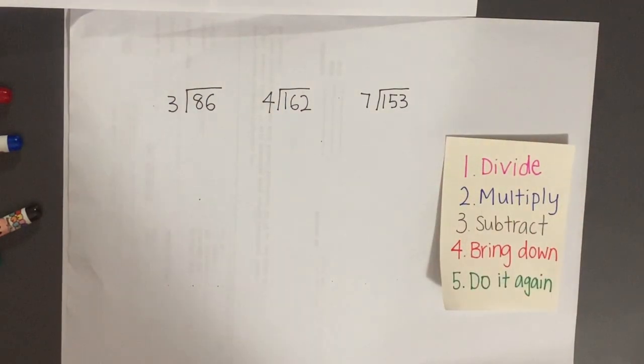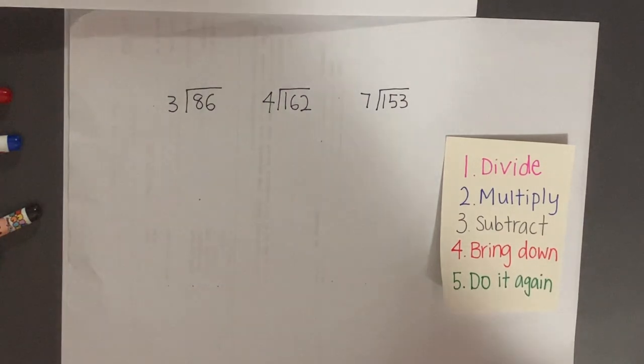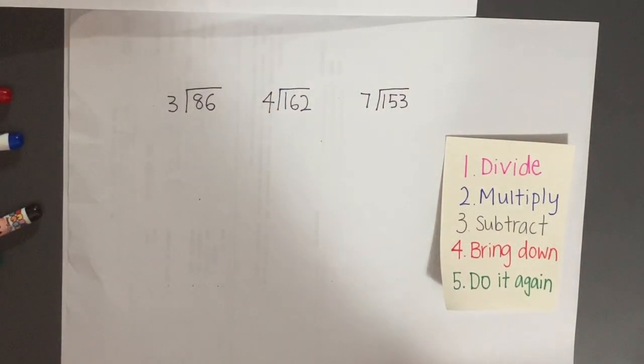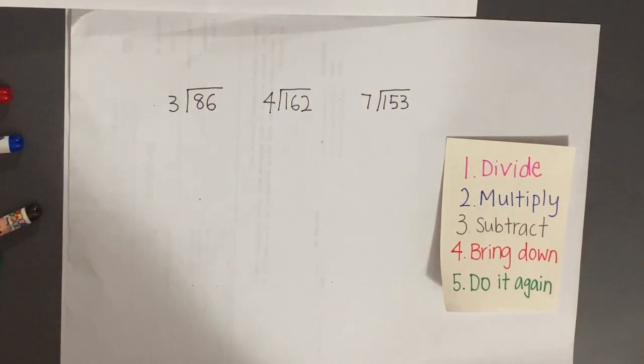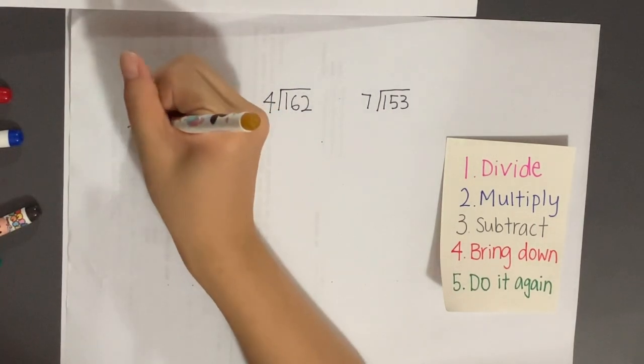Okay, now let's check our answers. 86 divided by 3. Let's do this quickly as we already know the steps. 8 divided by 3. Okay, I list my multiplication tables of 3 first.